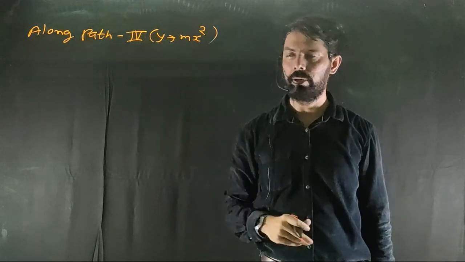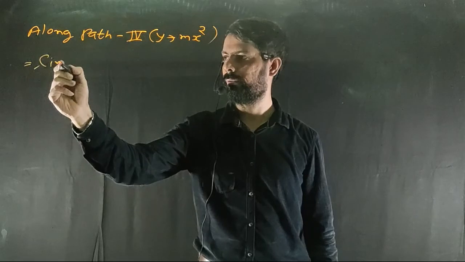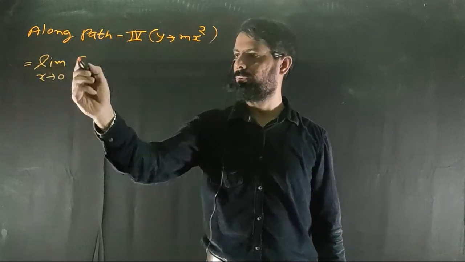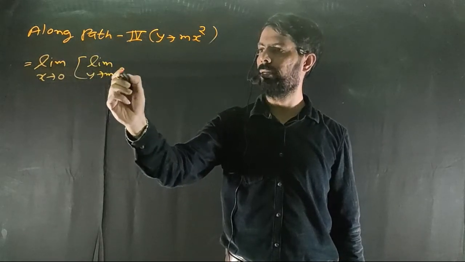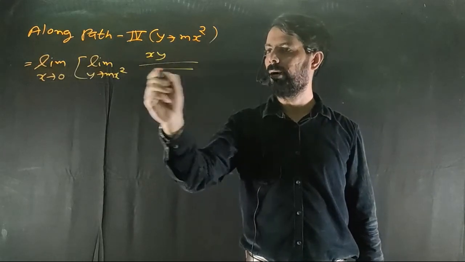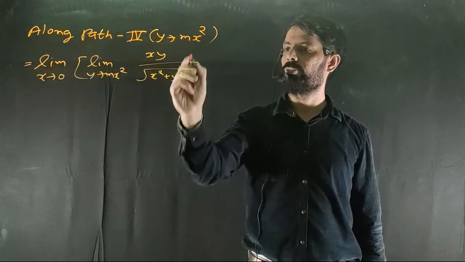So we will find limit along path 4. So here we will write down limit x tends to 0 in bracket limit y tends to mx square, then function is xy divided by under root of x square plus y square.